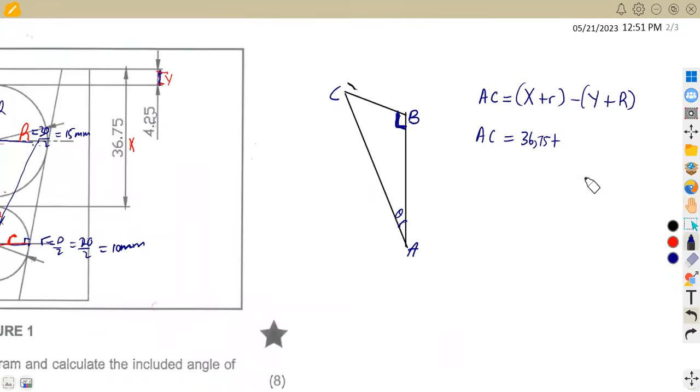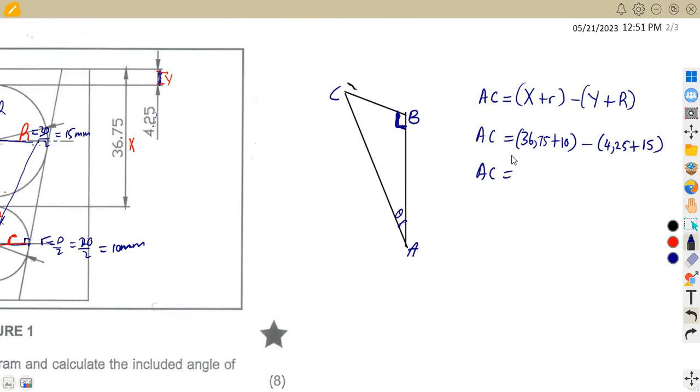So I'm going to have r here, the small letter r, which is 10, minus Y plus R, where Y here is this smaller distance, 4.25, plus the radius of the bigger circle, which is 15. So you're going to add 15 like this. This gives us AC.